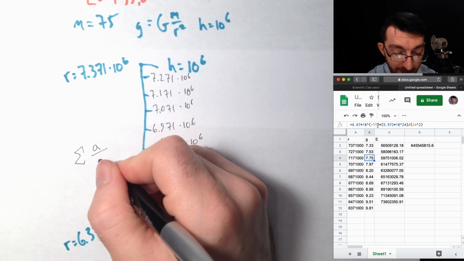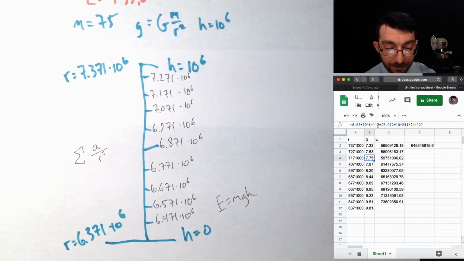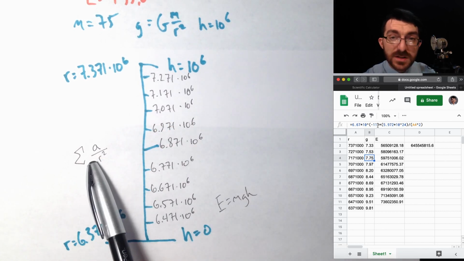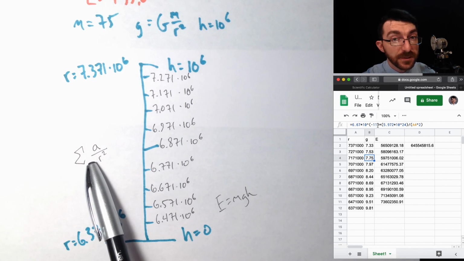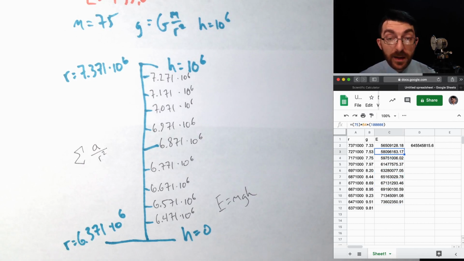And a square in the denominator, does this series diverge? No, this series converges, which means these values are decreasing in such a way that taken to infinity, they have a limit.